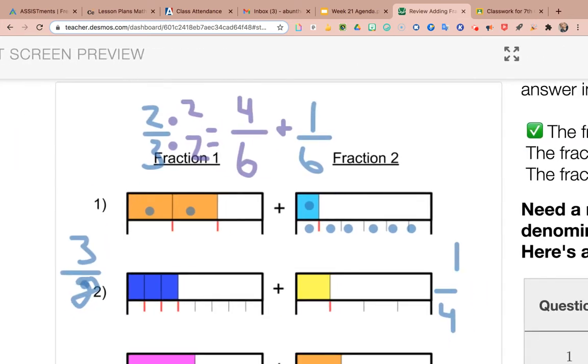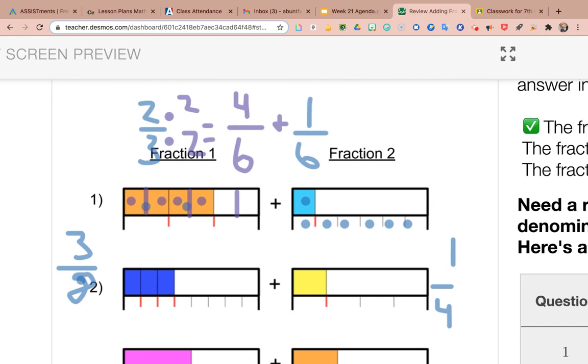You can also see this in the picture. So if I cut my thirds into 2 pieces, so when I multiply by 2, what I'm really doing is cutting my thirds into 2 pieces. Once I do that, now I have 6 pieces and 4 of them are shaded. So I got 4 out of 6. So multiplying by 2 is like I cut all my pieces into 2s.